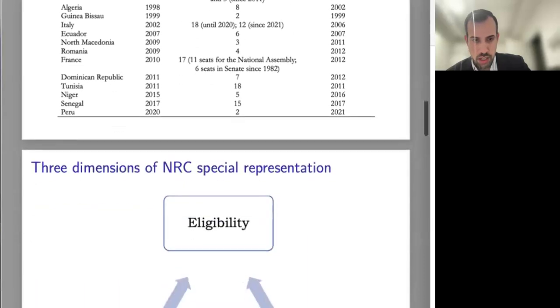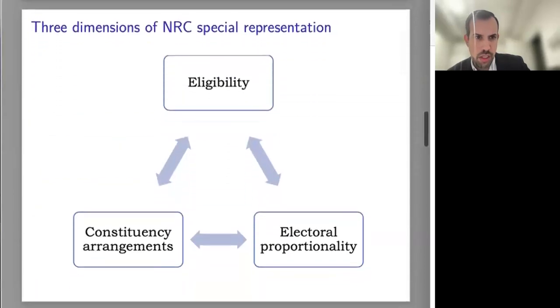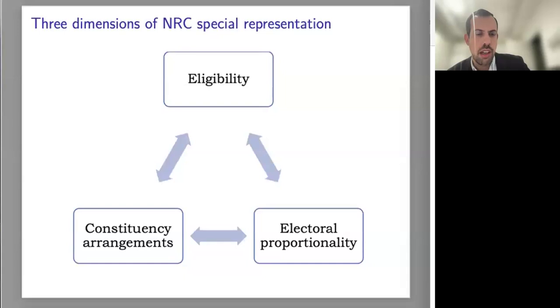So, and probably the most interesting for you in this paper, are the three dimensions that we recognize as relevant in the special representation discussions. Eligibility, meaning who is eligible to vote and stand as a candidate in non-resident citizen special representation designs.